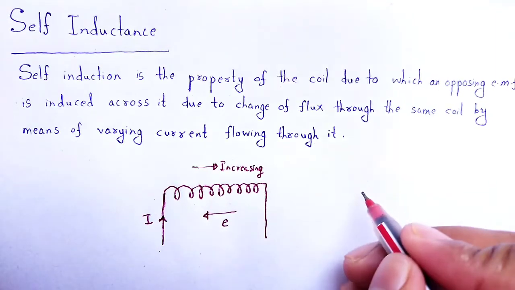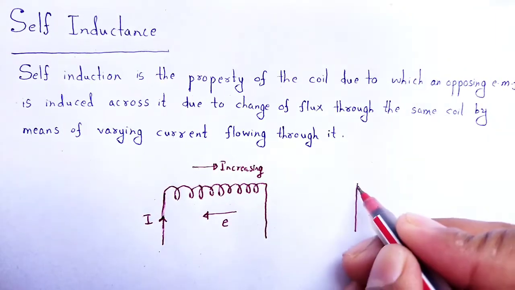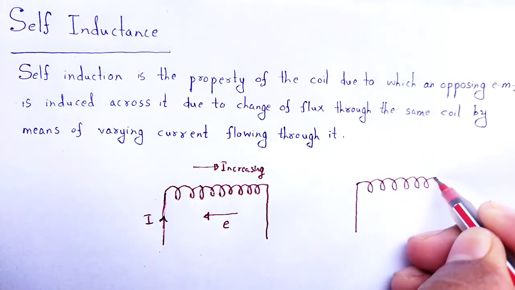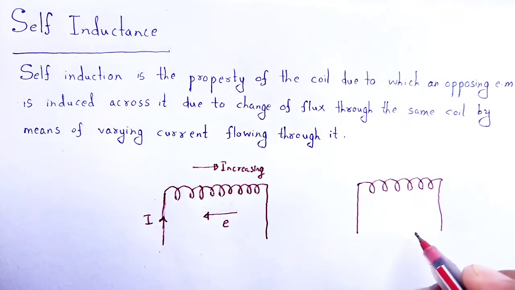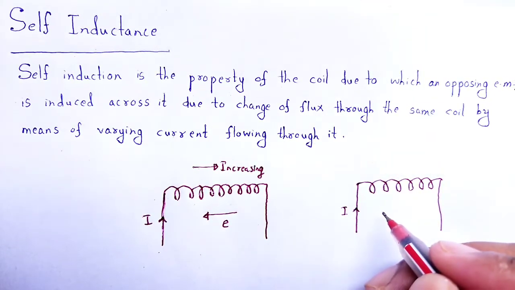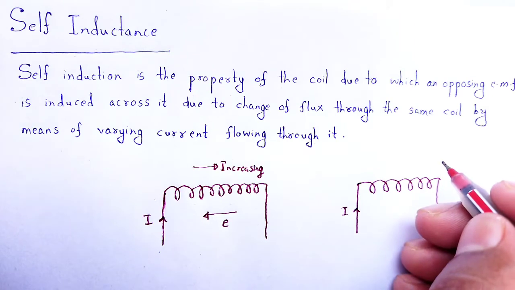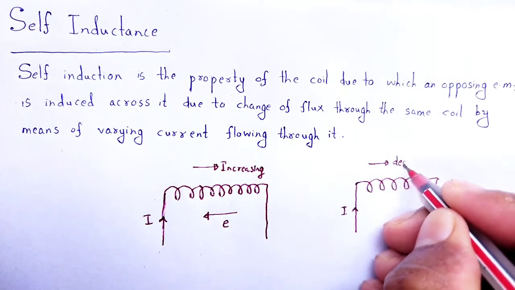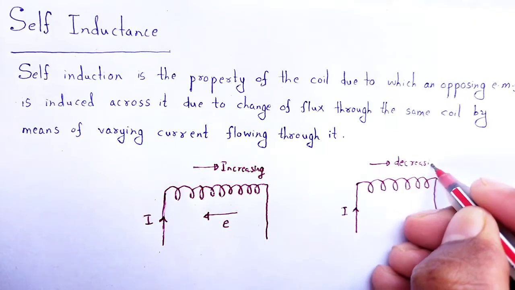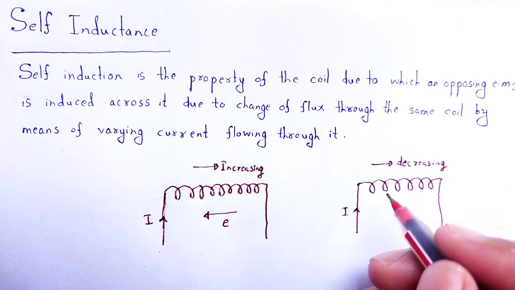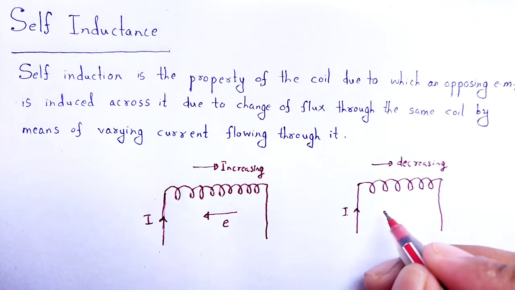Again, if the current in that coil is decreasing from maximum to 0, then the induced EMF is in the direction of the current.